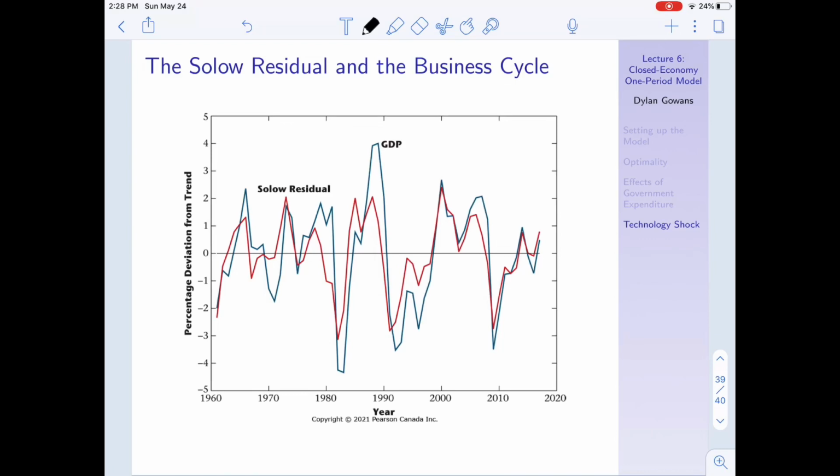So this is another piece of evidence that new classical economists would point to, saying, aha, changes in Z are associated with changes in GDP. Not only that, but changes in Z also lead to the changes in endogenous variables that we expect to see over the business cycle. We saw that in an earlier slide. Taken together, this is a very good indication that changes in Z, changes in technology, or these technology shocks, are what are causing the business cycle.